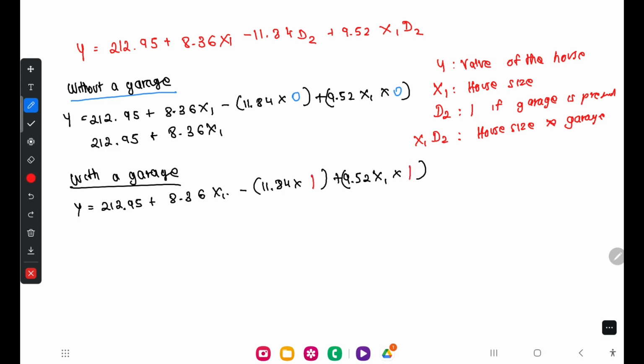It's 1. Okay, so if you solve this, 212.95 plus 8.36 x1 minus 11.84 plus 9.52 x1.